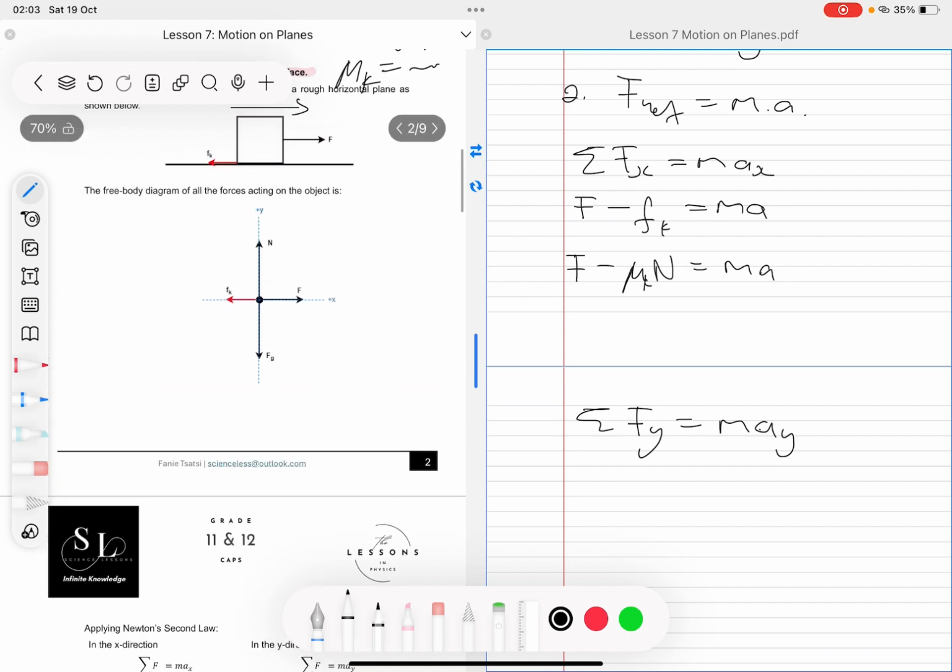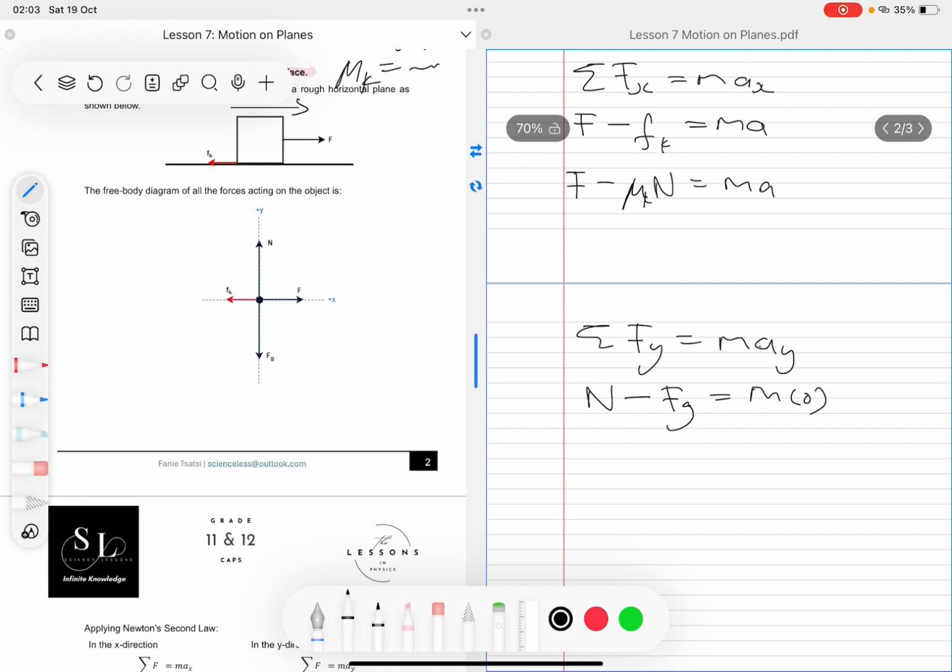Now, in the y here, we would have normal force minus the force of gravity Fg, which is going to equal mass times 0, because this object, we said it does not move in the y. Now, this would be N minus mg equals 0. So this again means the normal force equals mg.